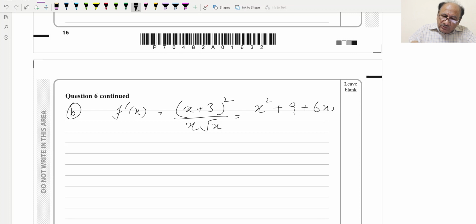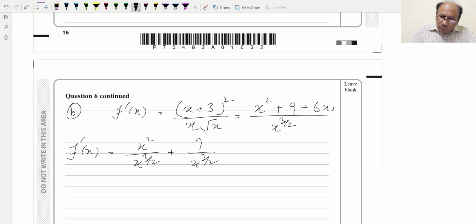We have opened the square in the numerator, and the denominator we can write as x raised to 3 by 2. So we can write separately f dash of x is equal to x squared over x raised to 3 by 2, plus 9 over x raised to 3 by 2, plus 6x over x raised to 3 by 2.